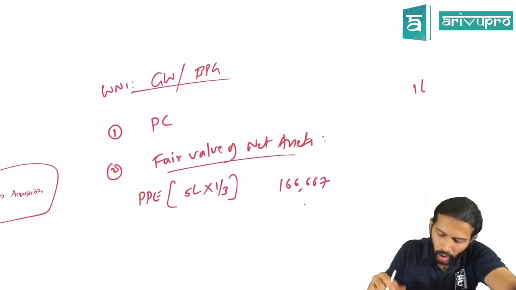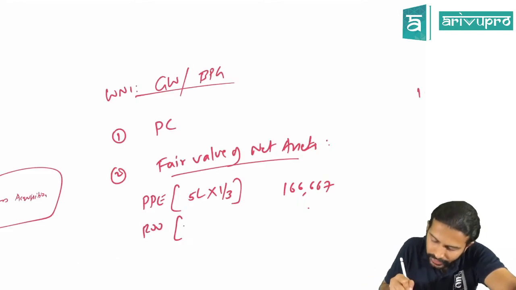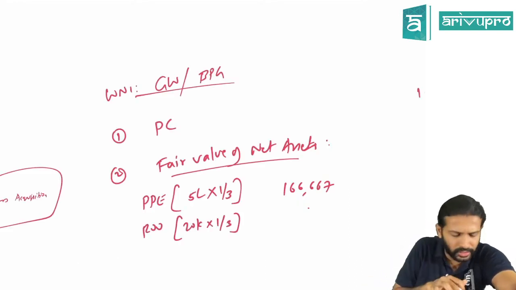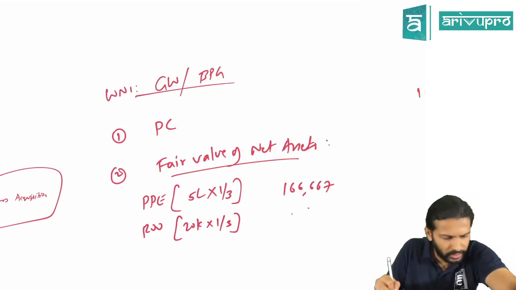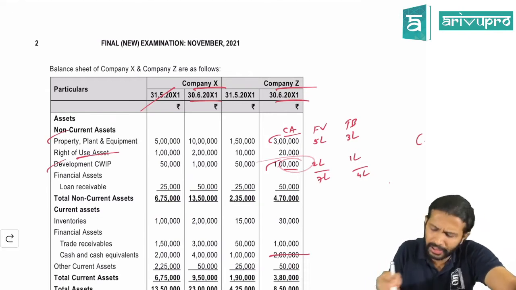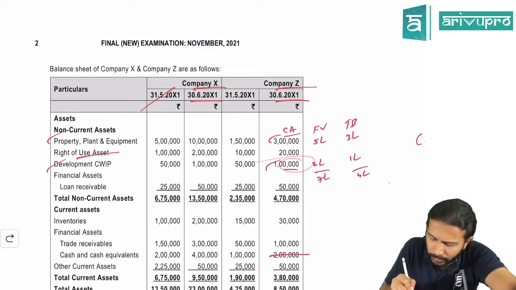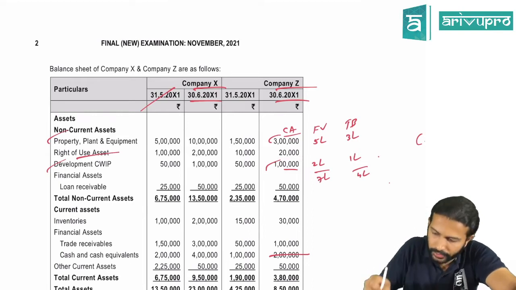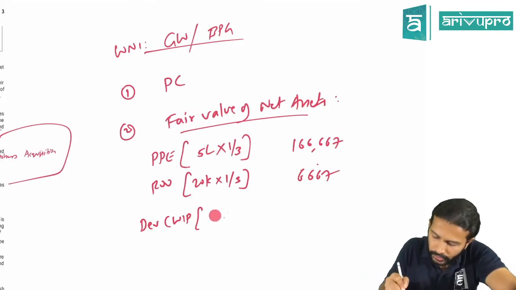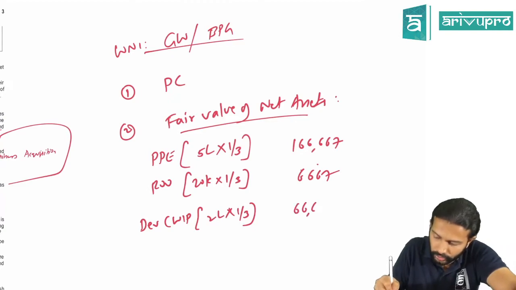Done? Alright. Then PPA over, then right of use asset, ROU we have, which is 20,000. So again, of all assets you need to take 1/3. That will be 6,667. Then development CWIP, carrying amount is 1 lakh, but we are interested in fair value. I'm taking the fair value to be 2 lakh. 2 lakh into 1/3 is 66,667.